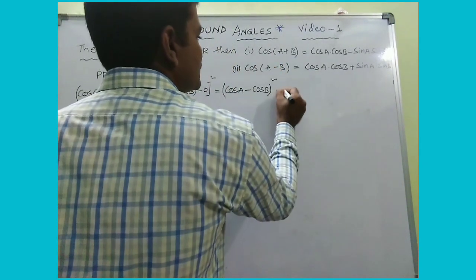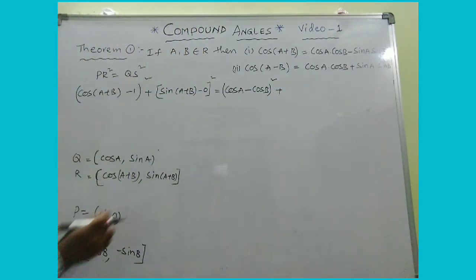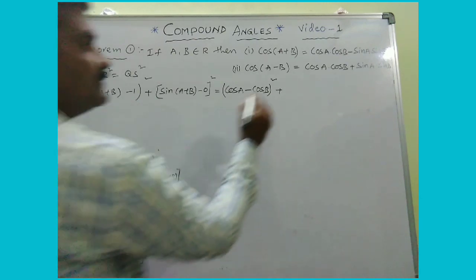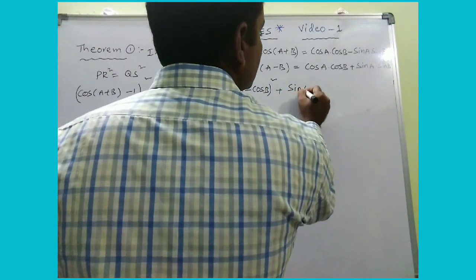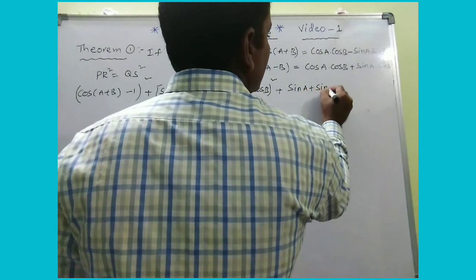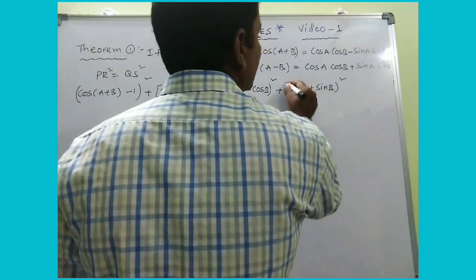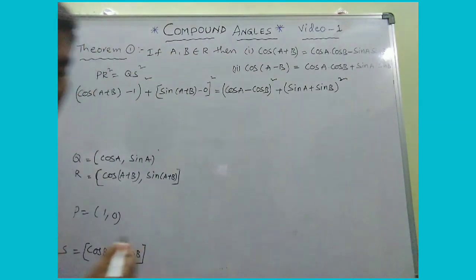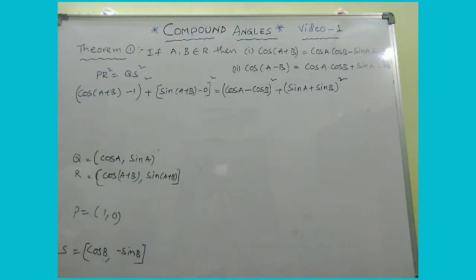Plus Q and S, no? So see, the y coordinates are sin A and minus sin B. So sin A minus of minus is nothing but plus, sin A plus sin B whole square, right? So I just applied the distance between two points formula.